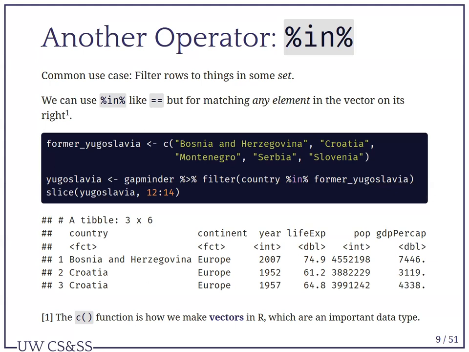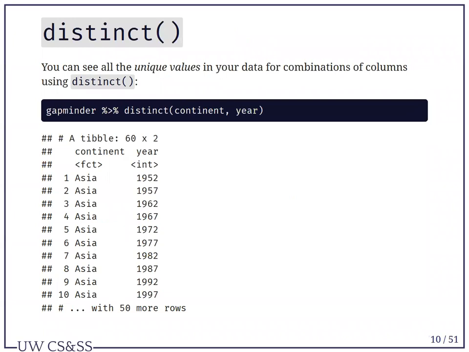Okay, let's move on. Distinct is a function that allows you to see the unique values in your data for combinations of columns. So we can say, take the gapminder data and then distinct continent year, and we'll get all of the unique values for the combination of those two columns and the values therein.